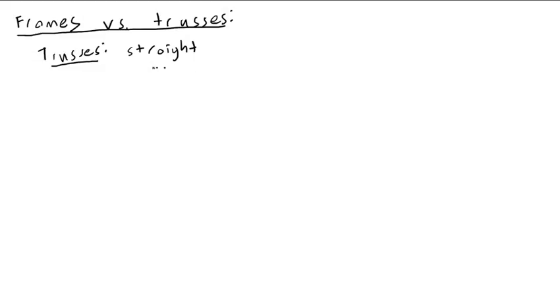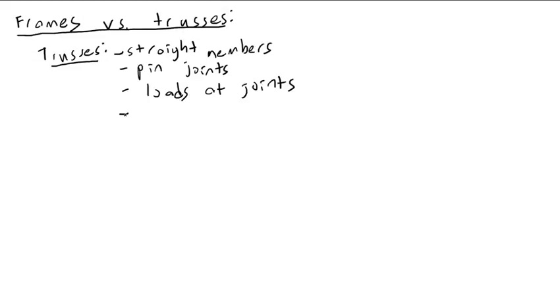I could probably add one other thing too that I didn't cover last time. Straight members, pin joints, loads at joints, and I would probably say that members terminate at joints.